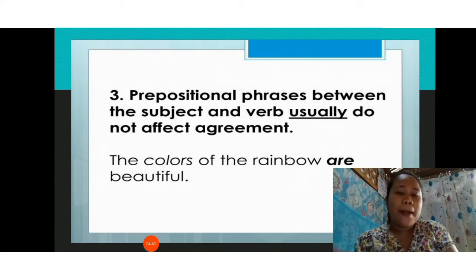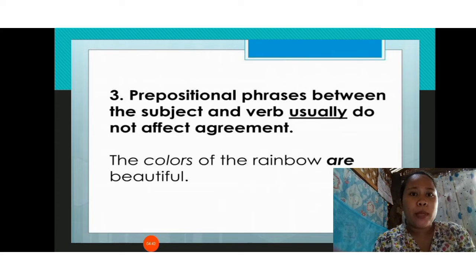Third rule, prepositional phrases between the subject and verb usually do not affect agreement. So this is another rule. For example, the colors of the rainbow are beautiful. So we have the subject, the colors, and we have the prepositional phrase here, of the rainbow. So the colors, this is plural, of course.